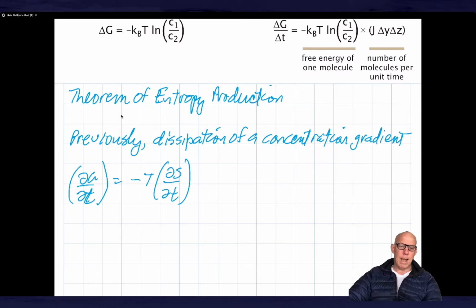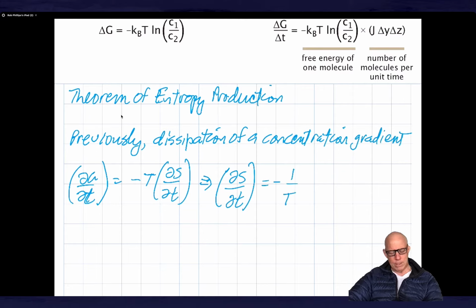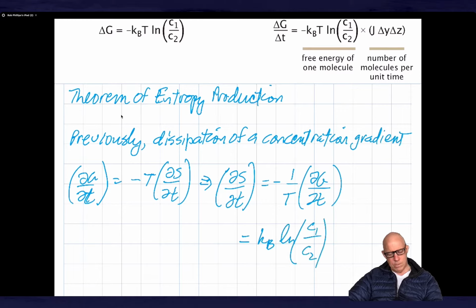The reason being that we didn't include any internal energy in our description. I can repair that later, and so that implies that dS by dt, the entropy production, was equal to minus 1 over capital T of dG by dt, and that will yield kB log of c1 over c2 and then times J delta y delta z. So that's what we did last time.